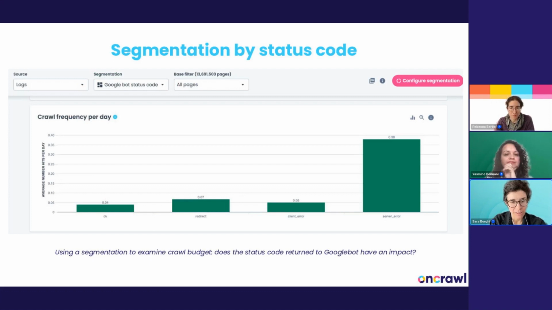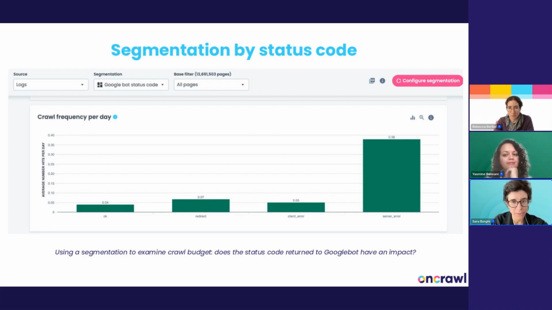Another example is the segmentation by status code. So again, this chart is really interesting because we can see that the crawl budget allocated by Google to the different pages is actually skewed towards the pages that return a server error.